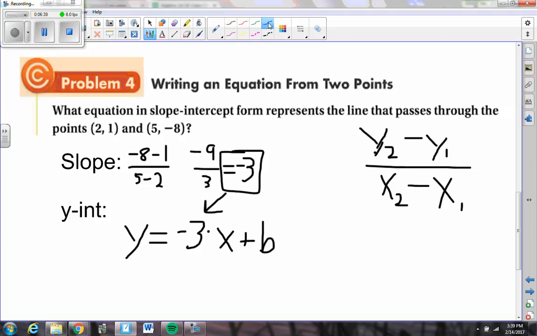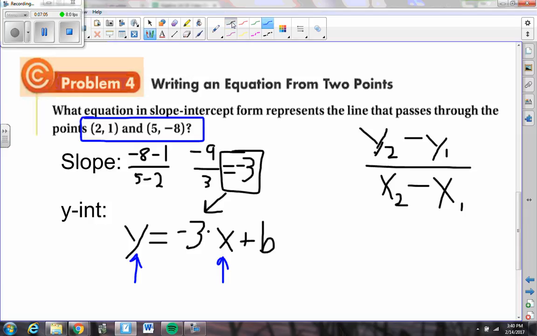However, the good news for me is that these 2 points up here have to work in this equation because I know that this line goes through both of those 2 points. So in this case, my x value is 2, my y value is 1, and I can replace my x value and my y value with the x and y value from one of these 2 points.